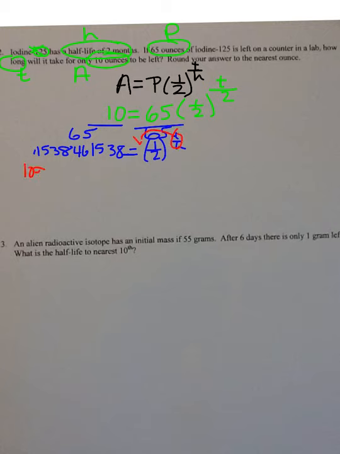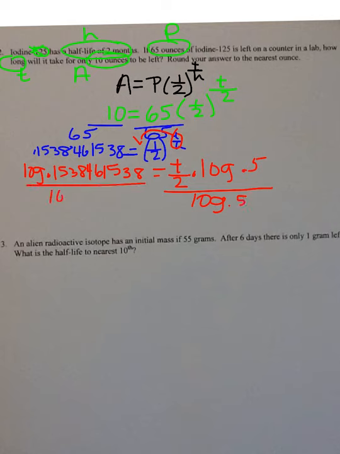So it's log 0.1538461538, exponent in the front, T over 2 log, I'm just going to use 0.5 instead of writing 1/2. Okay, remember we're solving for time, so divide by log 0.5.